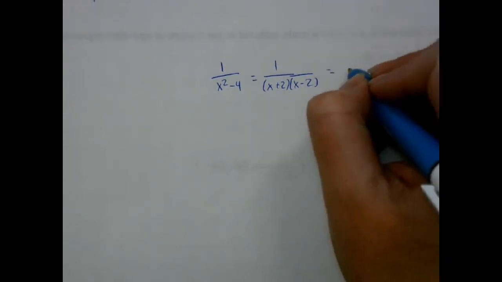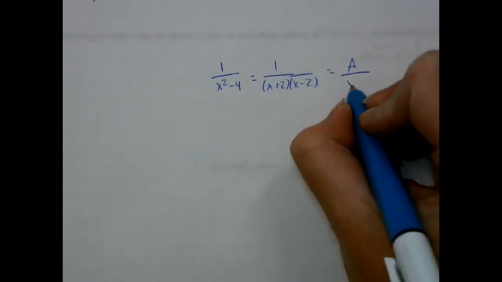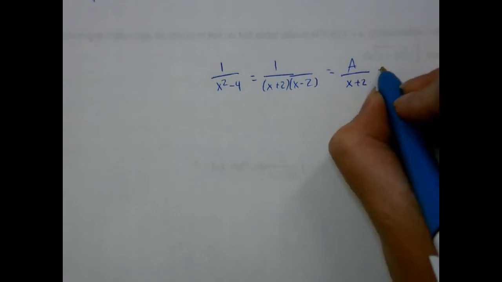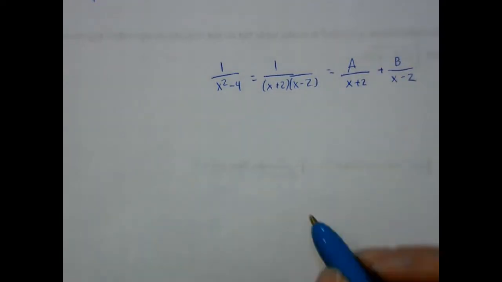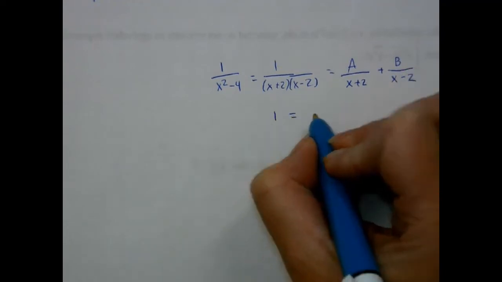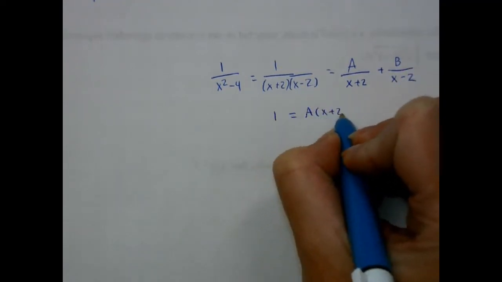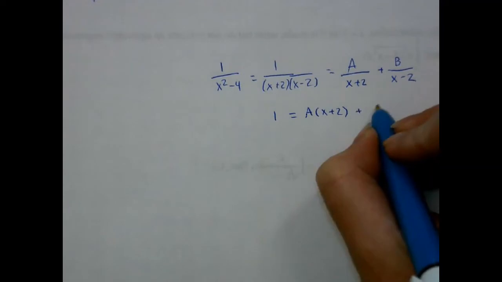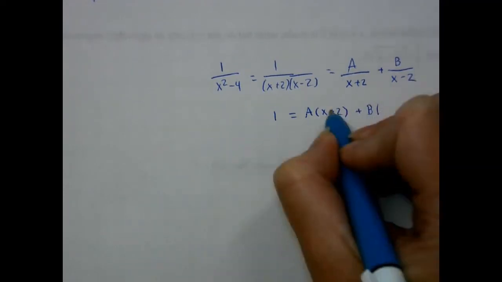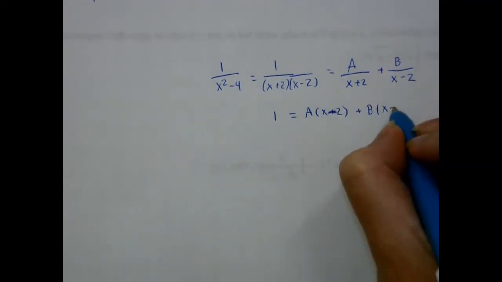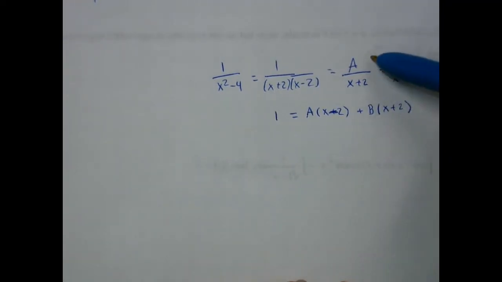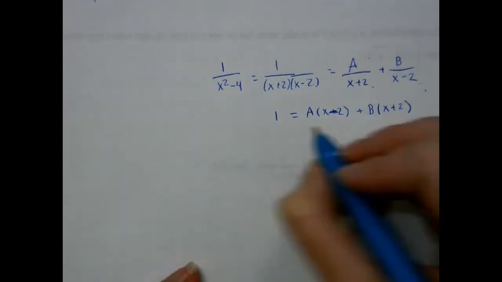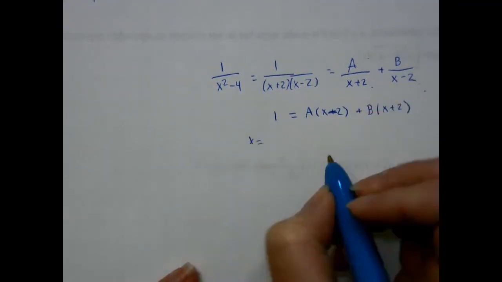So we'll rewrite this as A over x plus 2 plus B over x minus 2. So 1 equals A times x minus 2 plus B times x plus 2, because we want to get our common denominator, so we want to multiply this by x minus 2 over x minus 2, this by x plus 2 over x plus 2, and then pick our values of x.